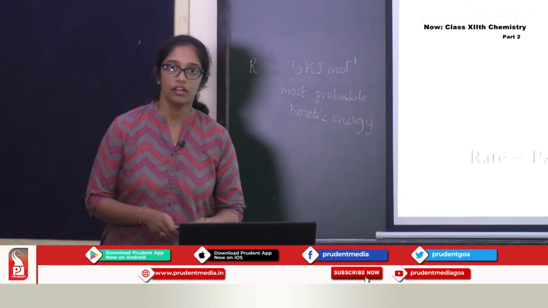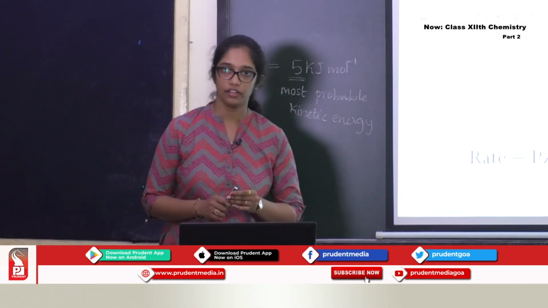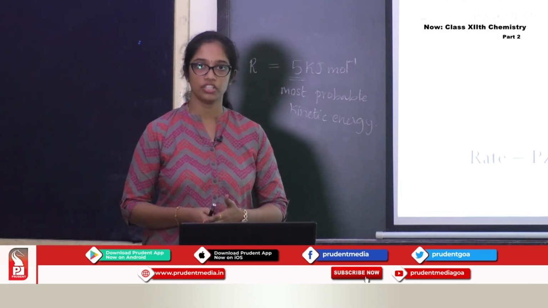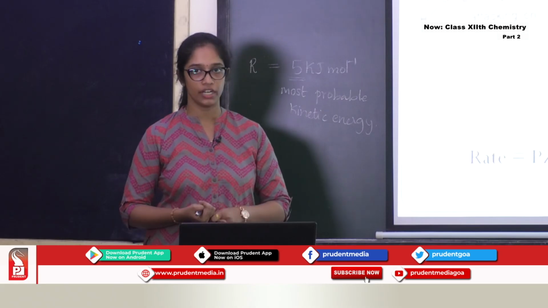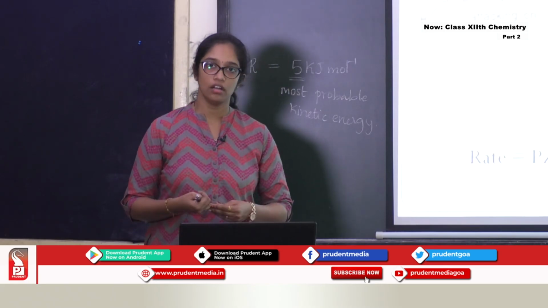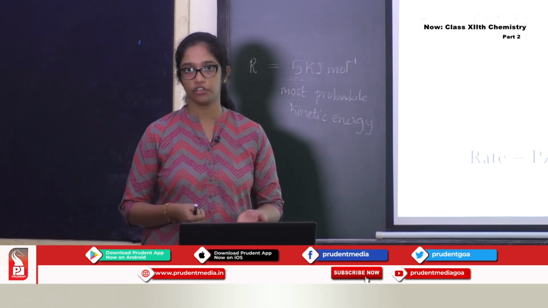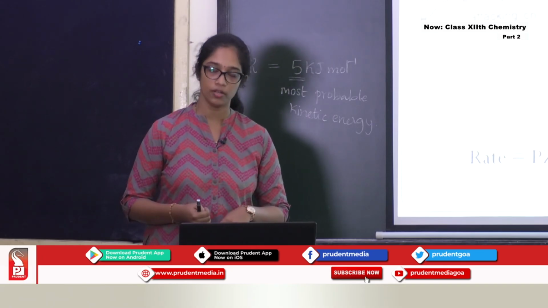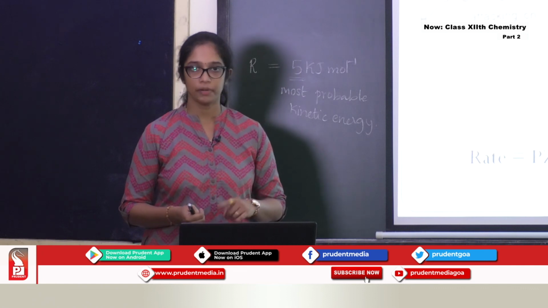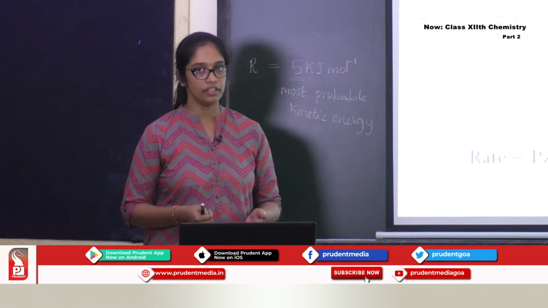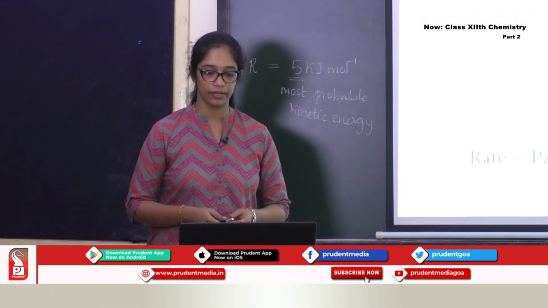So, in the second part of this chapter we have discussed units of rate constant. We have seen what are the different factors that affect rate of a reaction, specifically temperature, how it affects, and the presence of a catalyst, and finally we have seen what is collision theory.